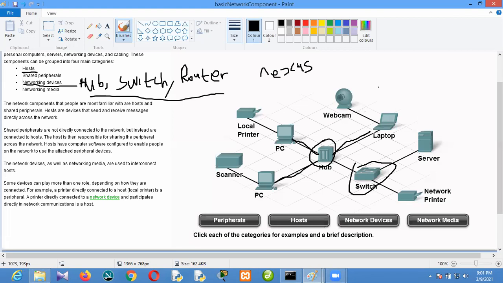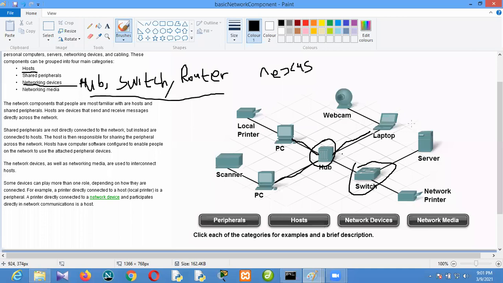Okay. So now I've explained what network devices are. I gave you examples: hubs, switches, and routers are network devices. Then I said one of the properties of a host is that it always has an IP address, at your level, and it is directly connected to the network device.